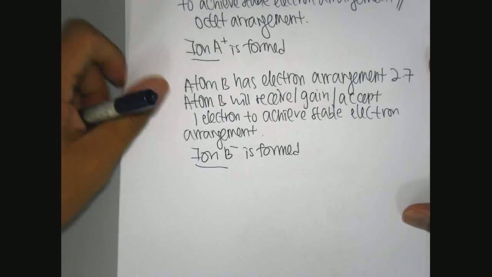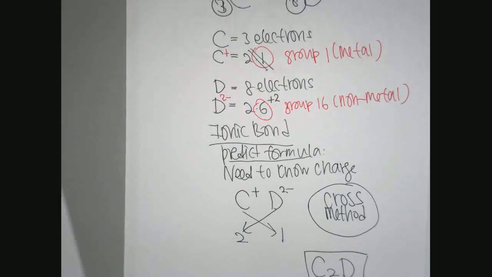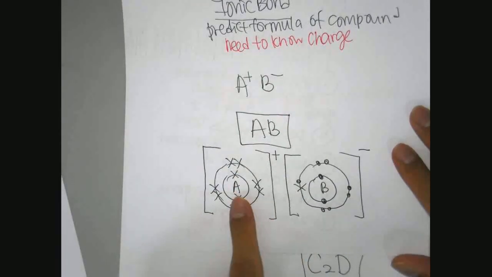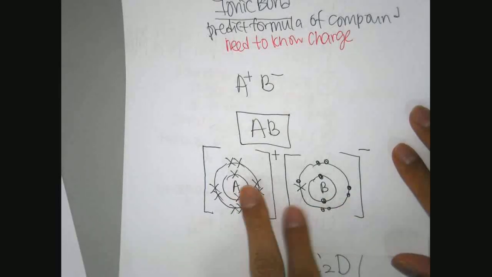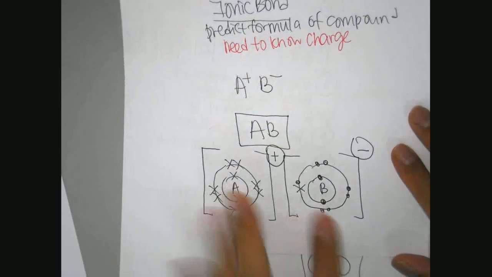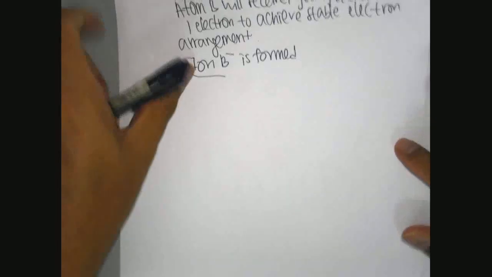We can look at the diagram. If you look at the diagram just now, we have 1 A and 1 B. So 1 A and 1 B will attract each other by this. When there's a plus and a minus, there is a force called electrostatic force. So we can write like this.